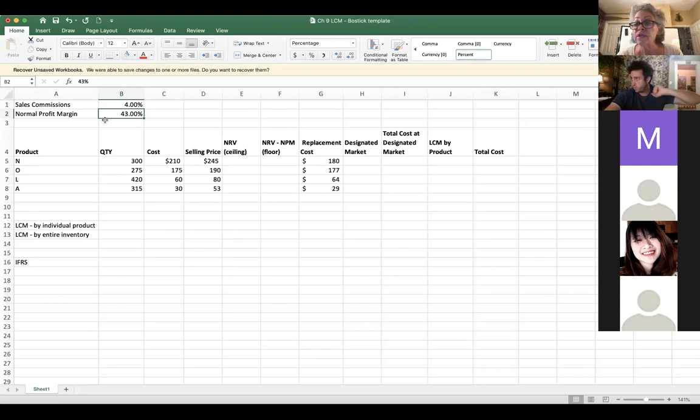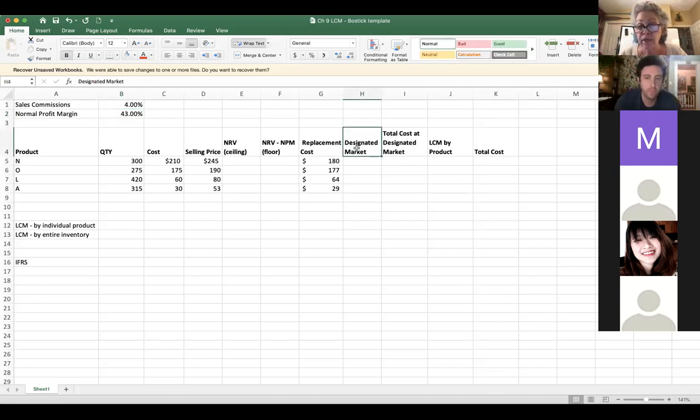Remember, don't forget to critically read these illustrations and make sure that you understand where the numbers come from. Now, LCM is lower of cost or market, and I am calling the M in market designated market.